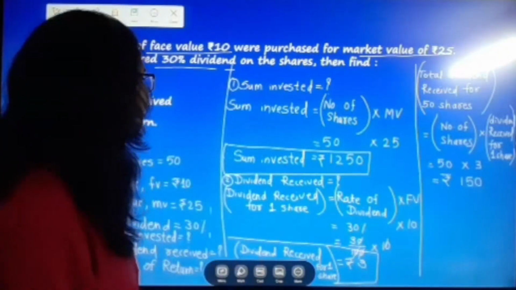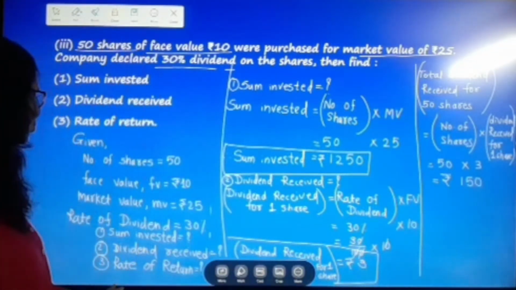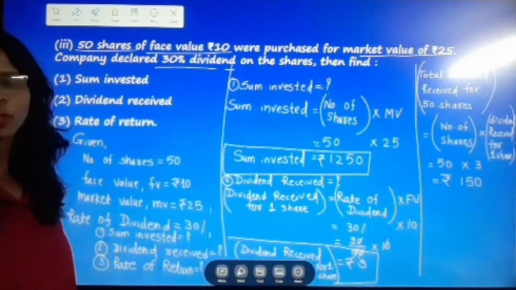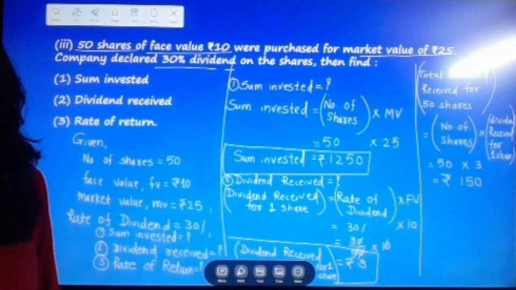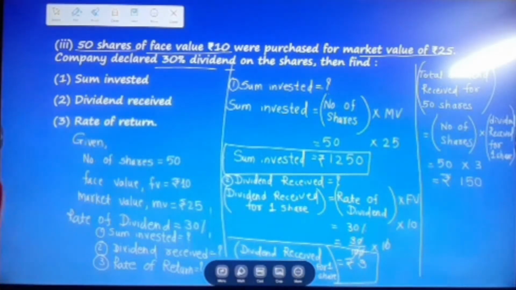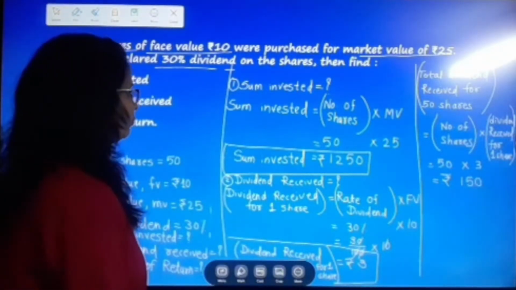Then the third one, we have to calculate the rate of return. Okay students, how can we calculate the rate of return?